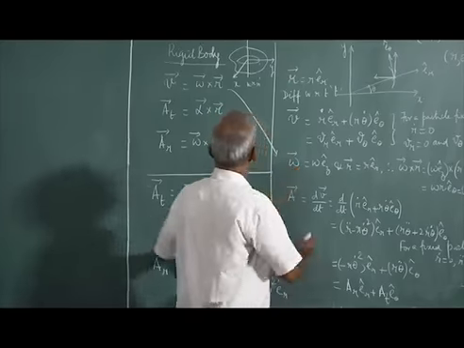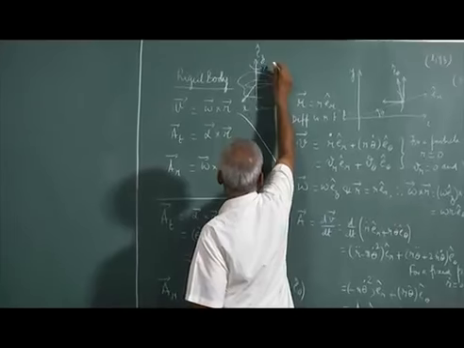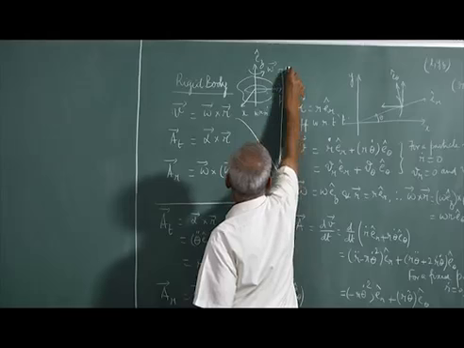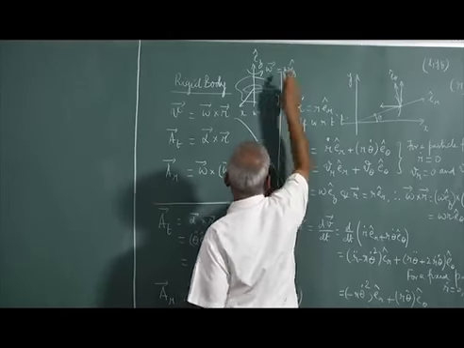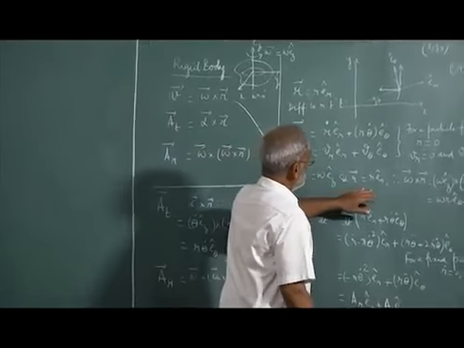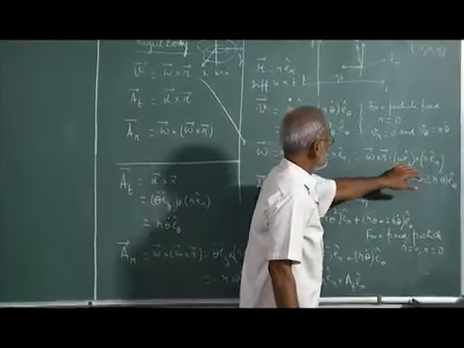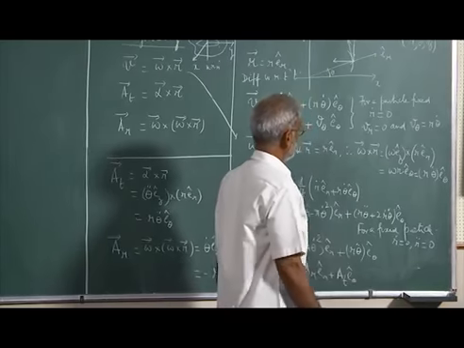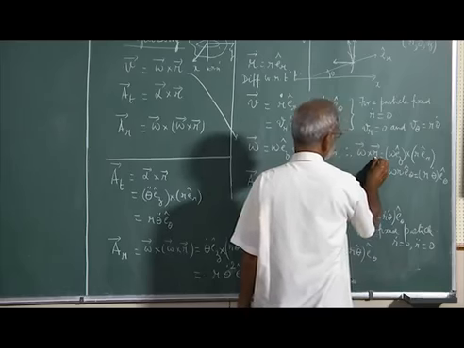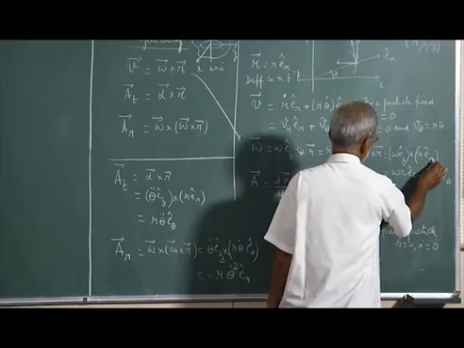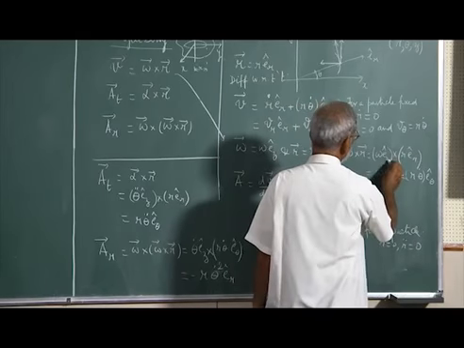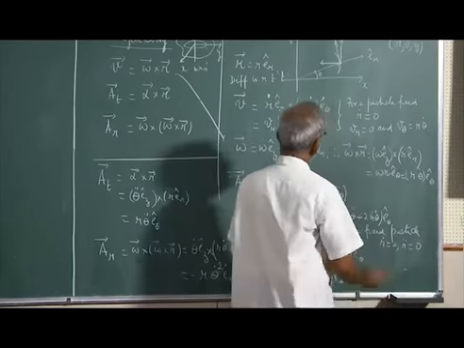Now what is omega? This is the omega vector. How do you define this omega vector? Omega vector is defined as its magnitude times the unit vector. This is the sense of rotation. Now I can calculate omega cross r. Omega cross r is omega times Ez, and the vector r is r times the unit vector along the radial direction. Now this is omega times r times Ez cross Er.